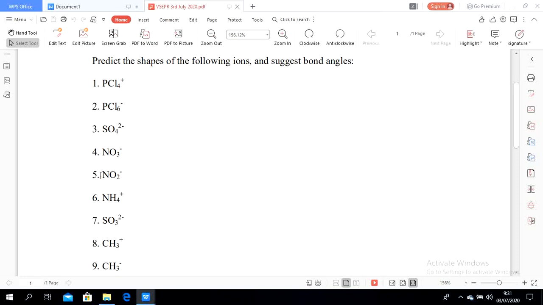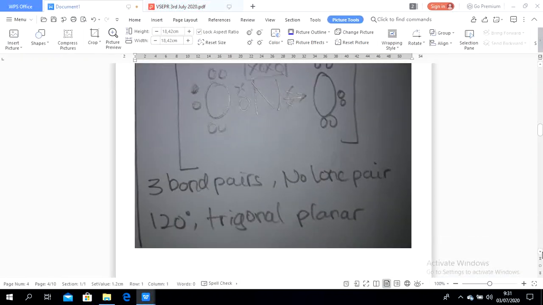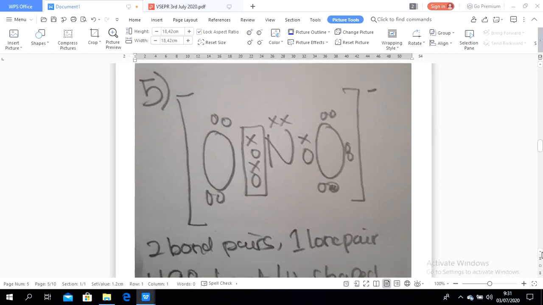Next, number 5, the nitrite ion, NO2 negative. Let's see the diagram. The diagram has to be drawn as a dot and cross diagram. There is a double bond with the oxygen. A double bond can be considered as a single bond because there is an overlapping of s orbital and p orbital of the same 2 atoms.